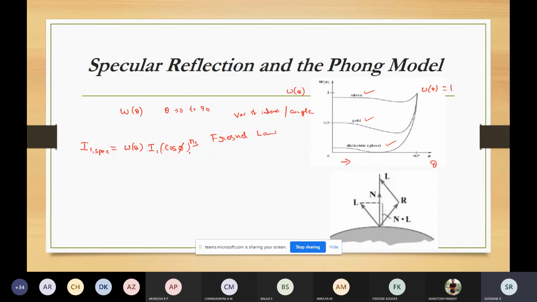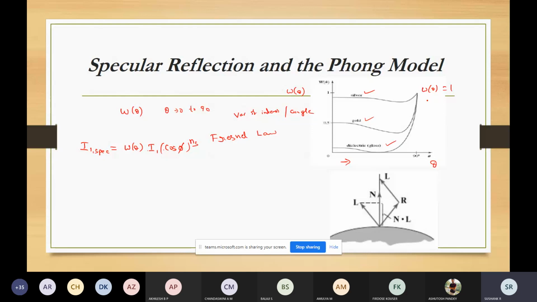Phi means the viewing angle with respect to the specular reflection. So you know from this image that as theta becomes 90, W of theta will be 1. What this tells us is that whatever light falls at that angle, all the light will get reflected.